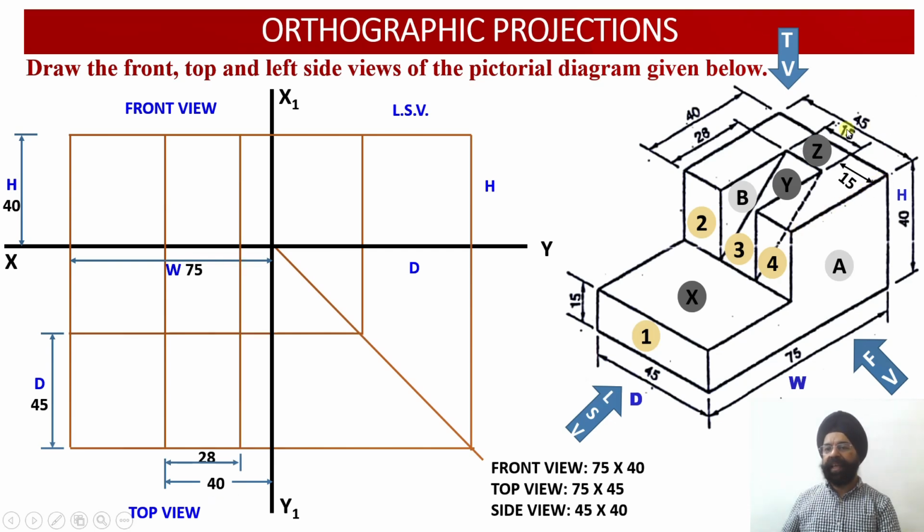Next, another thing, please check, there is the sloping portion. This sloping portion is not starting from the rightmost end over here. This sloping portion is going to start 12 millimeter from the rightmost end. Why? Because this length has been provided to me as 28 millimeter. The total length of the upper block happens to be 40 millimeter, and from this end I am going to measure 28 millimeter.